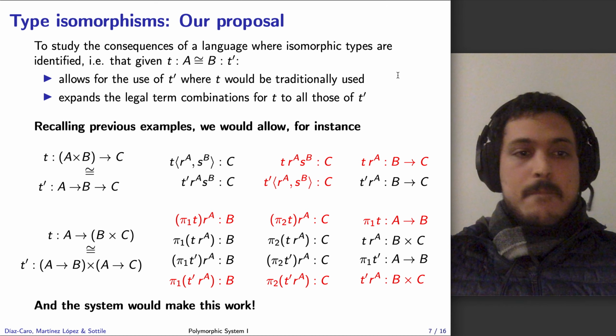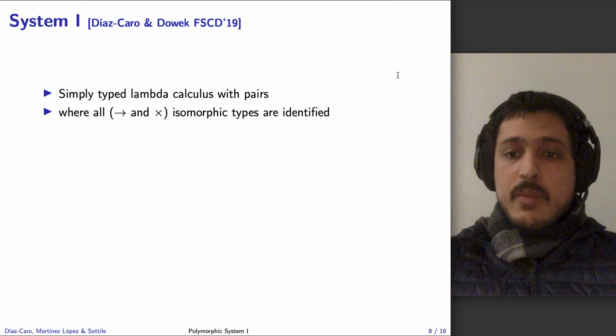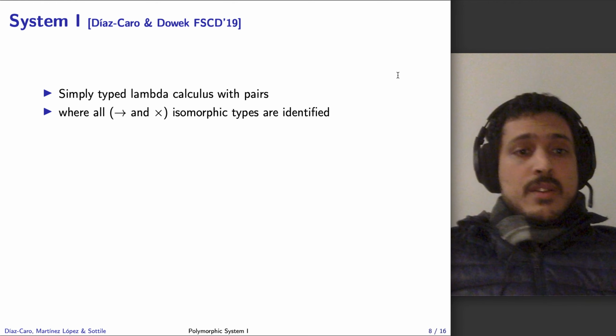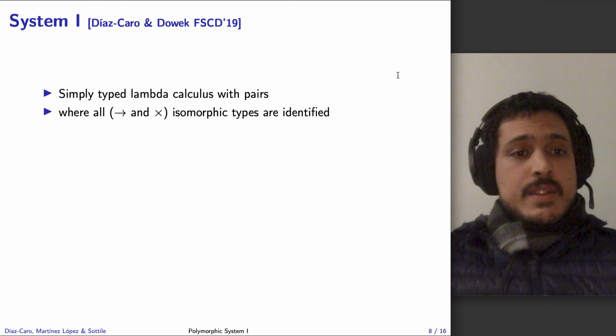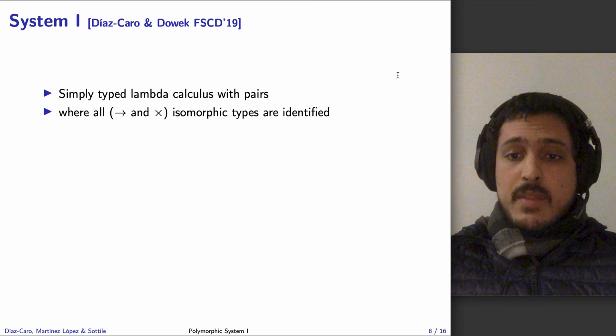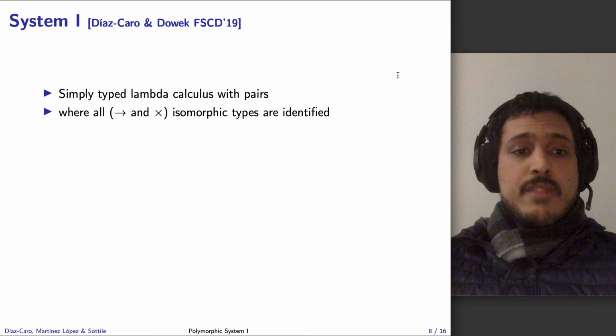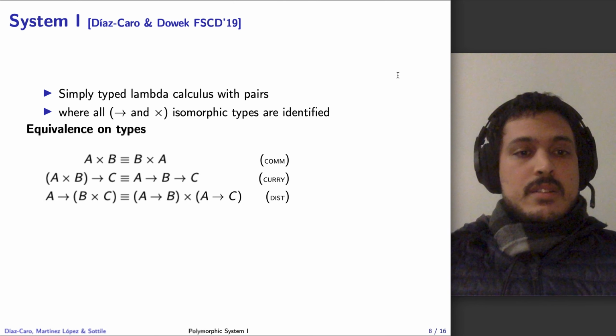Now I'm going to introduce System I, which is a work by Diaz-Caro and Dowek. It is a simply typed lambda calculus with pairs, where all the isomorphisms from the fragment of the arrow and the product are identified.